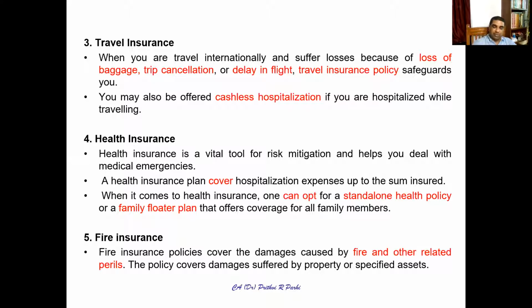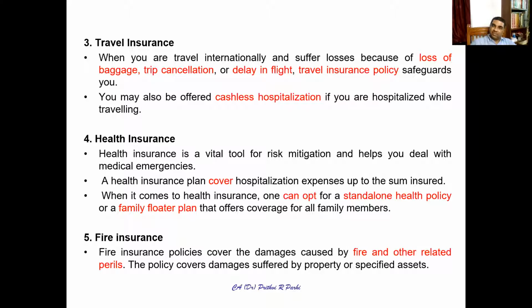Same is also available for flight travels. So this kind of insurance covers the loss of baggage, trip cancellation, delay in flight, and also covers health issues during the course of travel. It covers all these things. With these policies one can go for cashless hospitalization also. So this is again one more popular insurance.